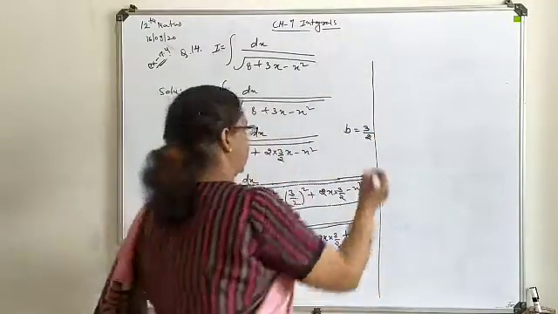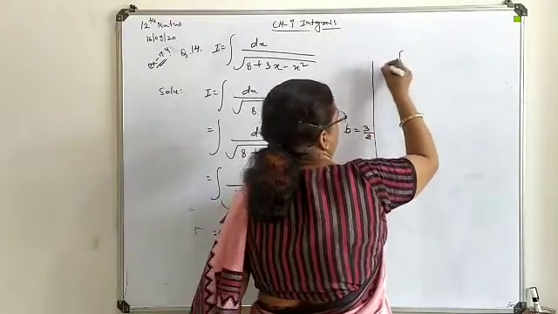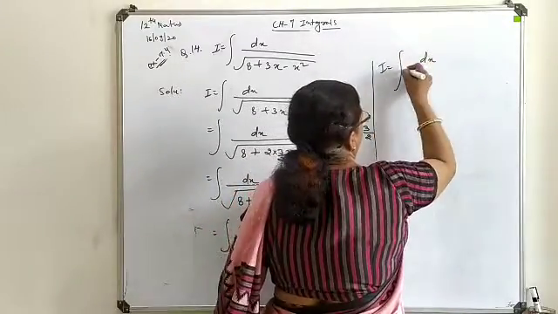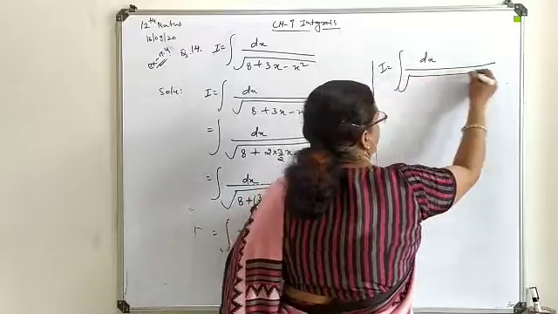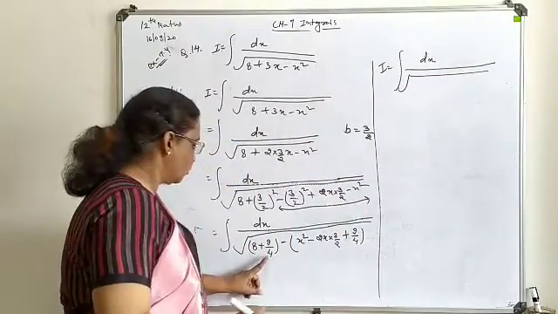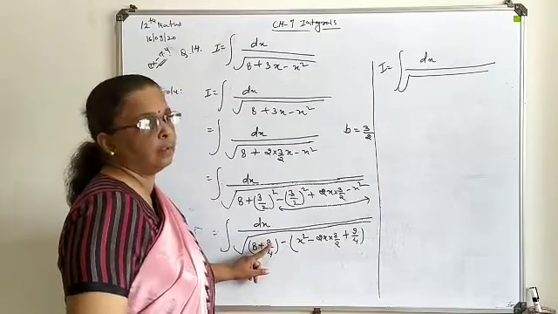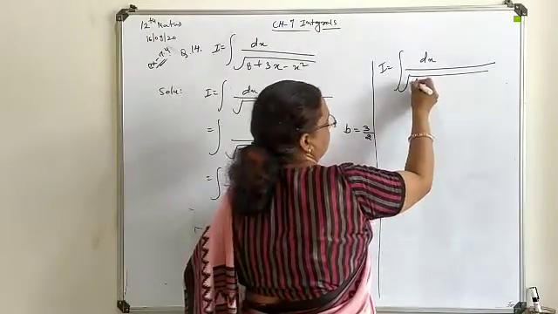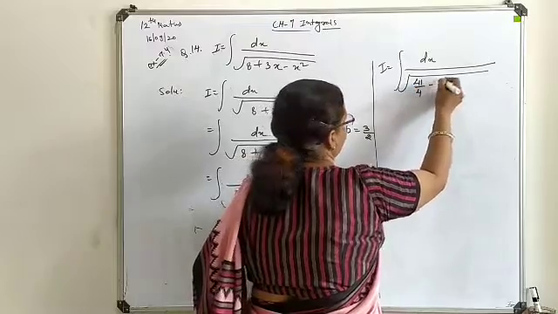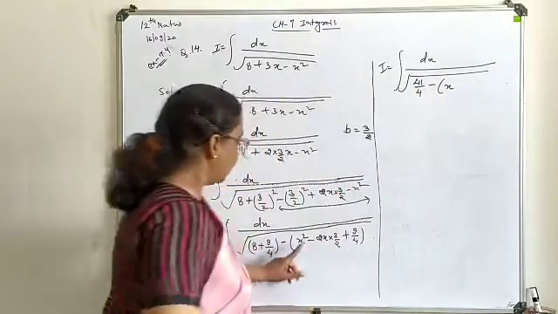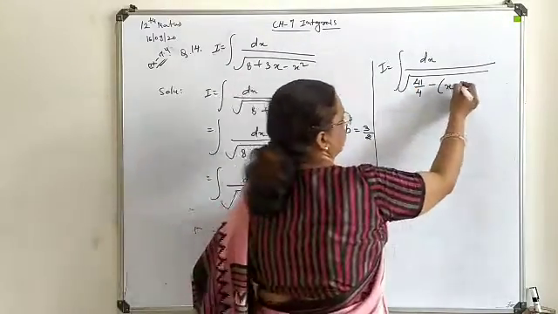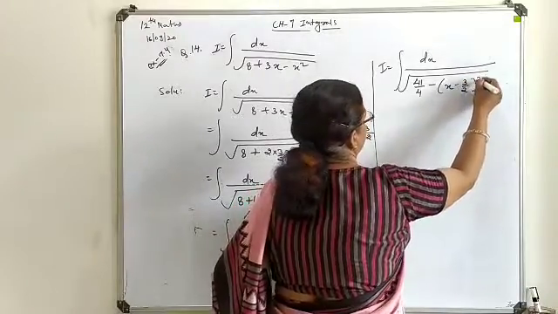Now here it is I, dx upon, now here go for taking LCM. So this is 4 into 8, 32 plus 9 means 41 upon 4 minus, it can be expressed as x minus 3 by 2 whole square.